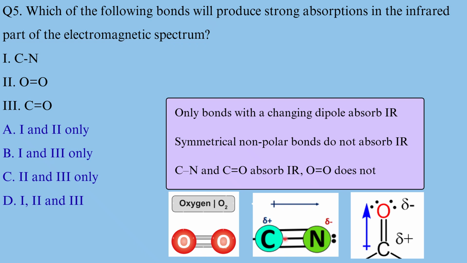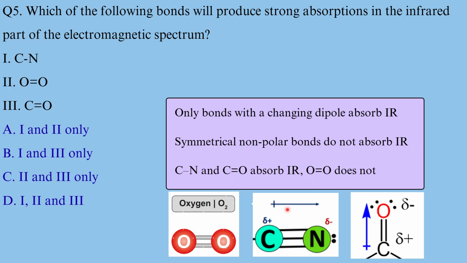Even in the case of carbon and nitrogen, nitrogen is very electronegative compared to carbon, and hence a dipole is induced. But in the case of the oxygen-oxygen bond, both atoms have the same electronegativity, due to which there is no dipole. Hence this bond will not show any absorption in the IR spectrum.